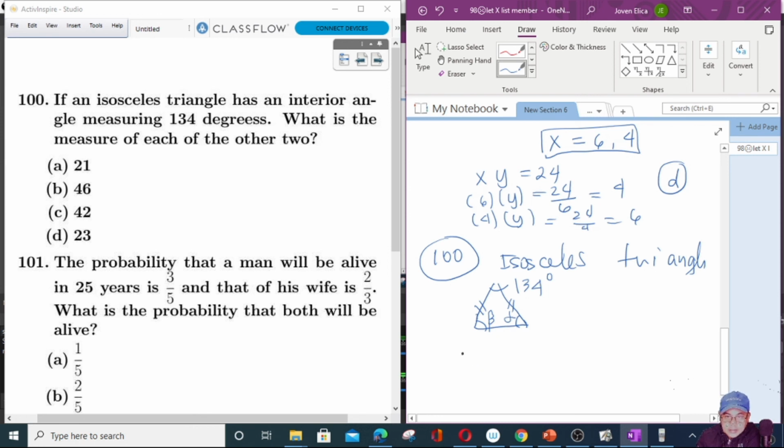We all know that the sum of the interior angles of a triangle is 180 degrees.